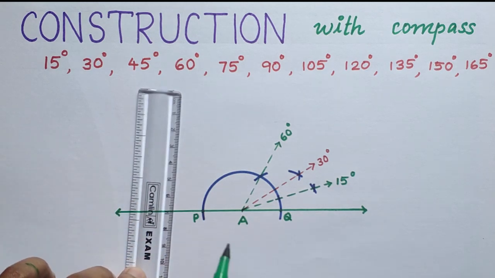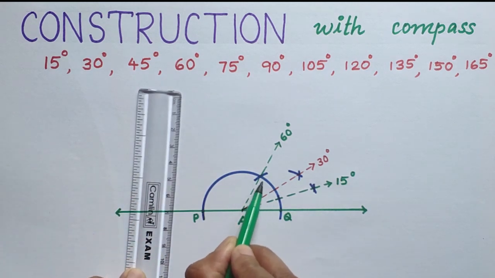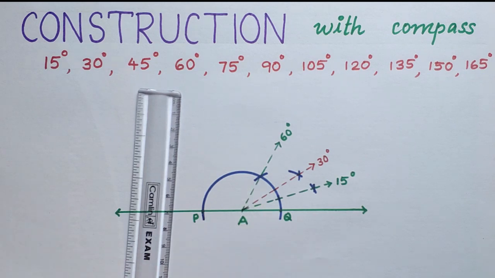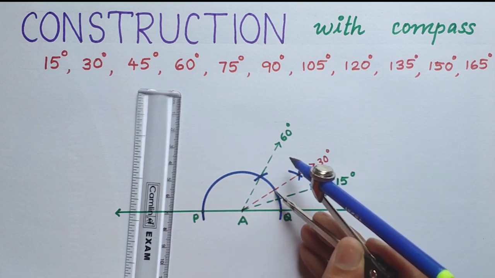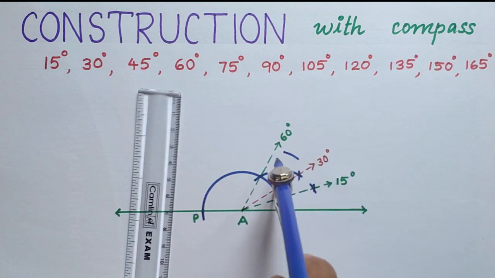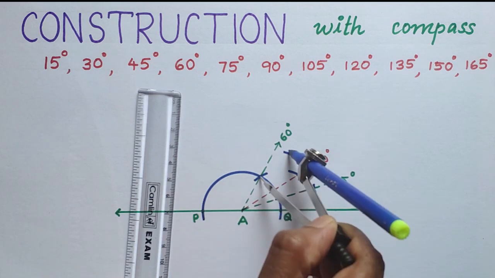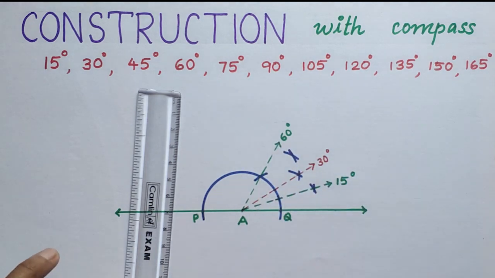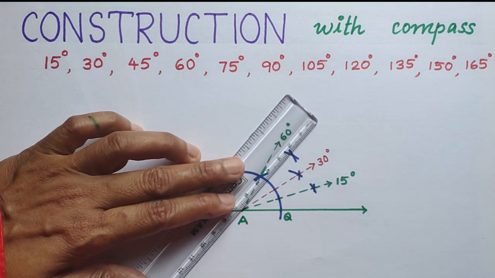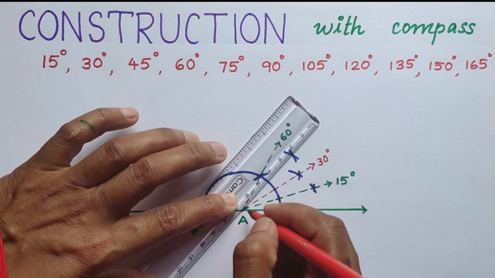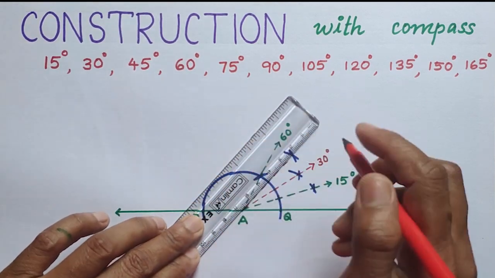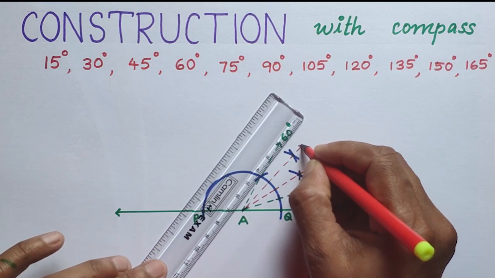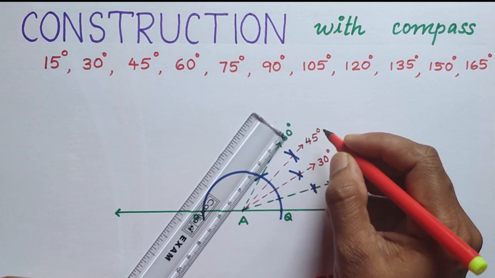Now if we bisect this part, then we will get 45 degree. That means in between 30 and 60, 45 comes. No need to change the compass. This is 45 degree.